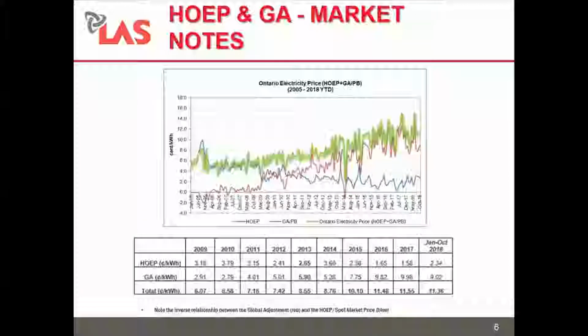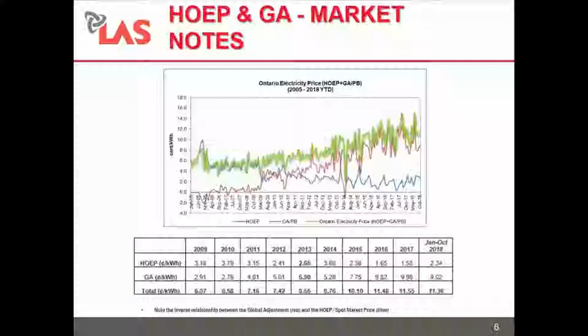On the chart on the top, the green line is the total cost of electricity, the red line is the global adjustment, and the blue line is the HOEP, the spot market. That's the one settled through the IESO managed wholesale market, through demand and supply balance each hour, and eventually averaged to a single charge on your bill. That's the one you see.